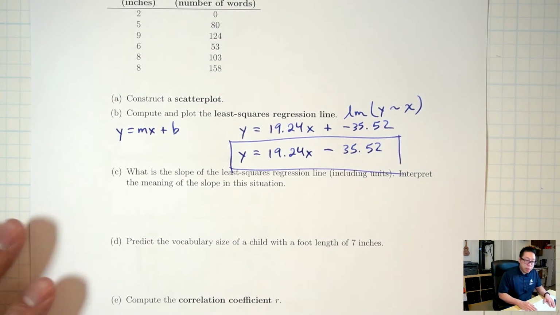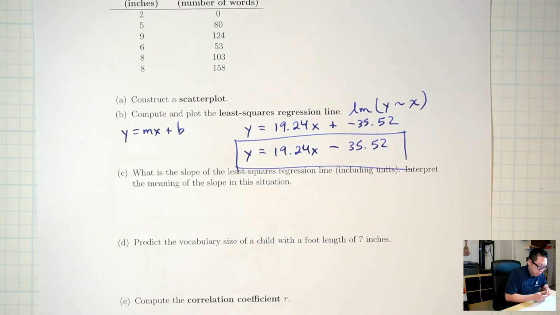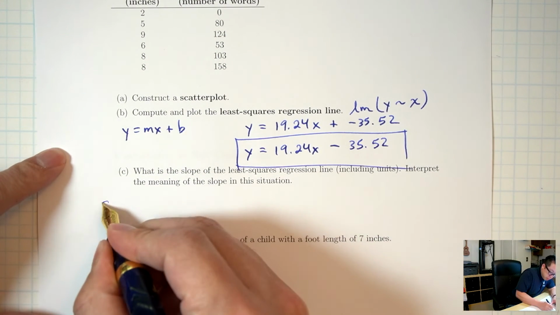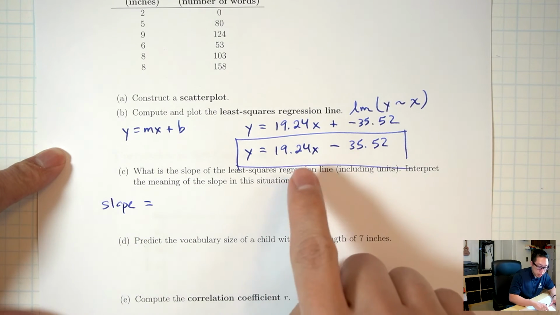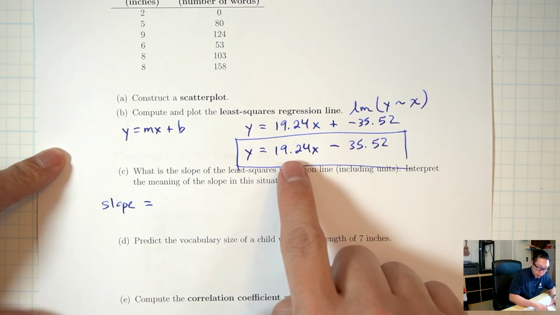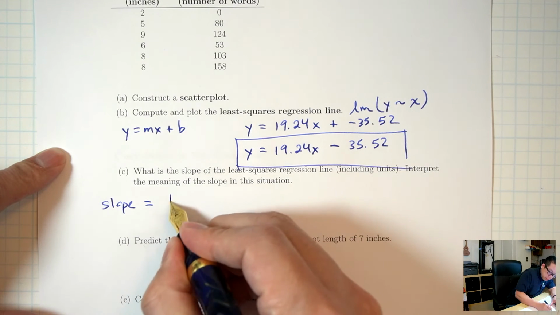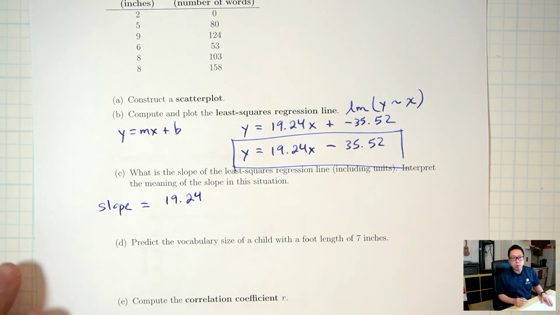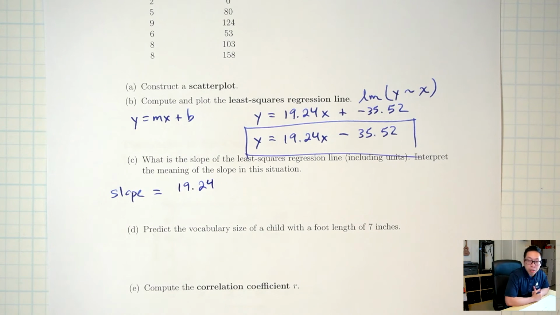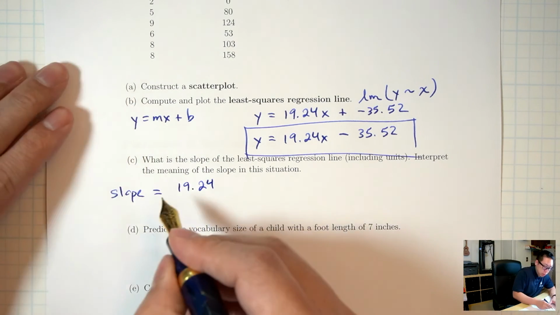Part C, what is the slope? The slope is the number that's multiplying the x, the coefficient of the x, which is the 19.24. And typically slope, we want this as a fraction, so we're going to force this to be a fraction by putting it over 1.